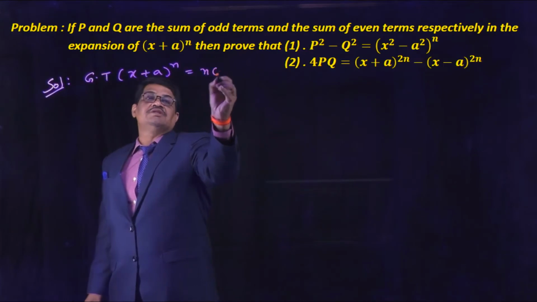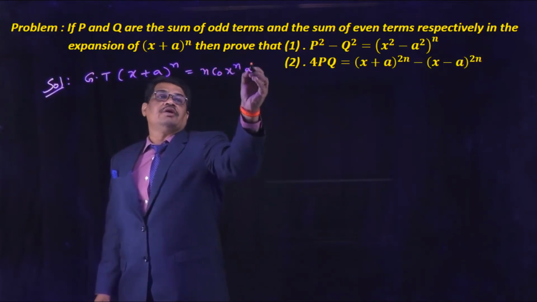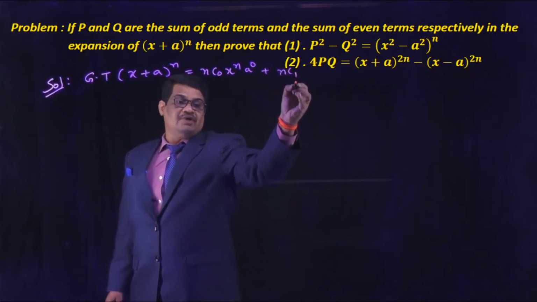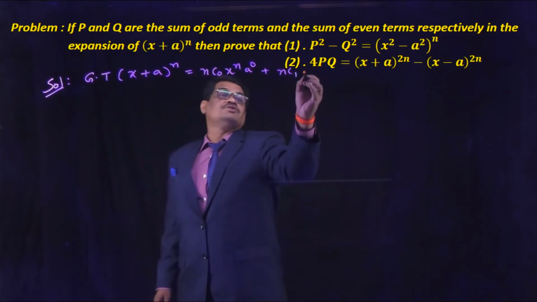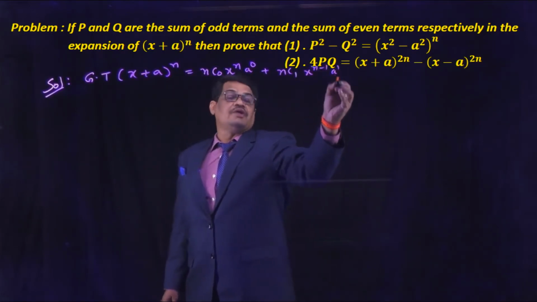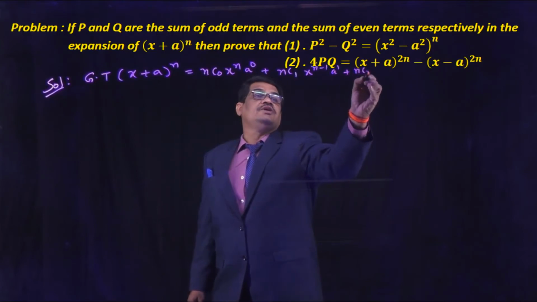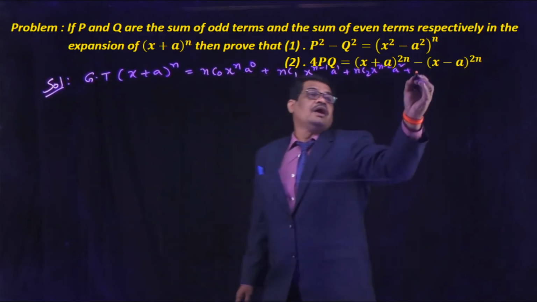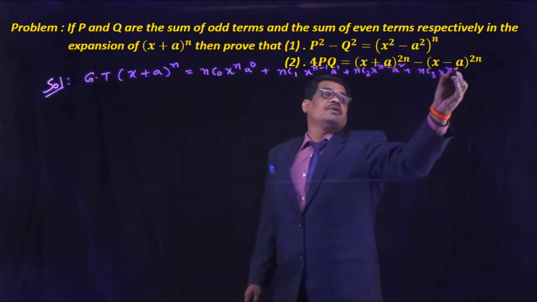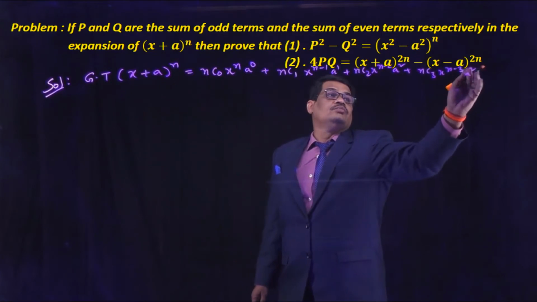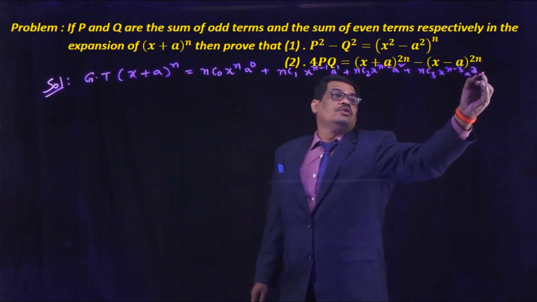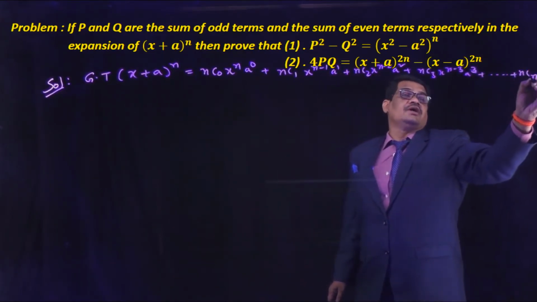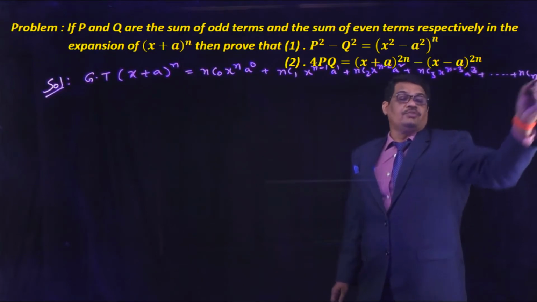That is nC0 x^n a^0 plus nC1 x^(n−1) a^1 plus nC2 x^(n−2) a² and nC3 x^(n−3) a³, and so on, plus nCn x^0 a^n.